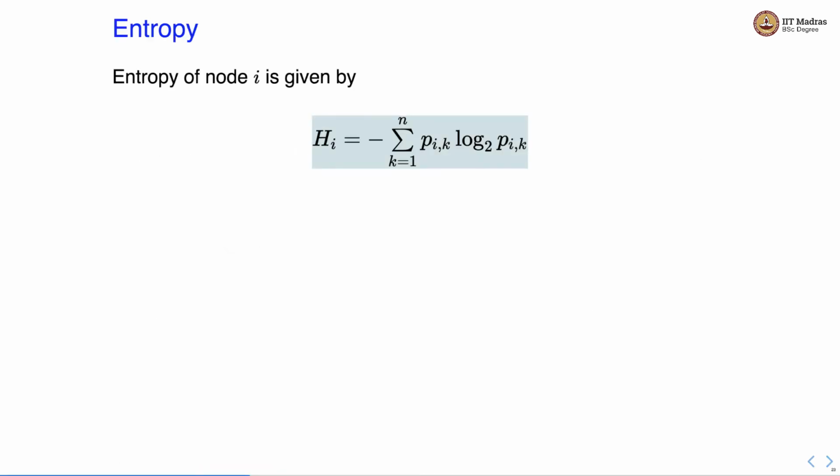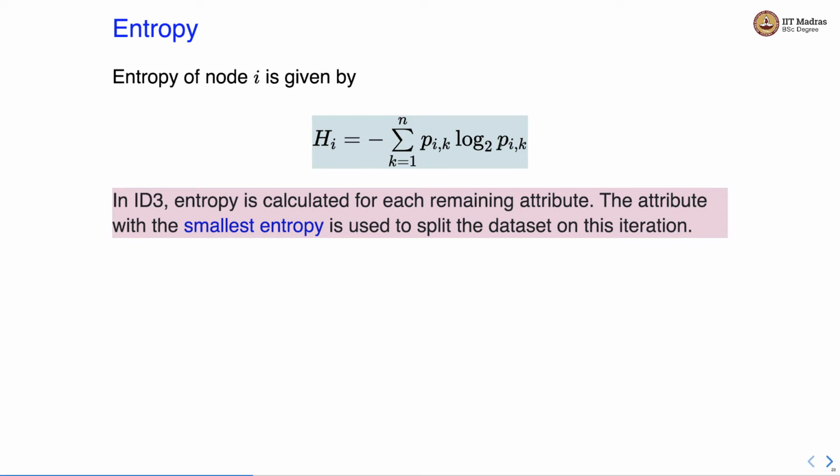The fourth measure is entropy, and entropy for node i is given by minus of summation of k equal to 1 to K Pik log Pik to the base 2. In ID3, the entropy is calculated for each remaining attribute, and the attribute with the smallest entropy is used to split the dataset on this iteration.